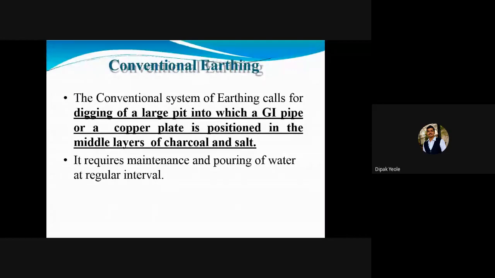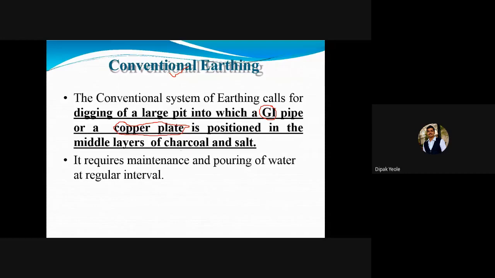What is a conventional earthing? The conventional system of earthing calls for digging of a large pit into which a GI pipe or a copper plate is positioned in the middle layers of charcoal and salt.